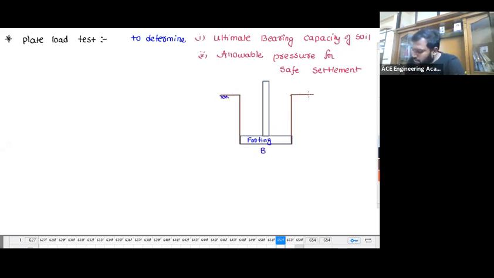So what I am going to do here is, instead of using the footing on the soil, I am going to keep a plate. So this footing is replicated to a plate. The plate can be a square plate or a circular plate.